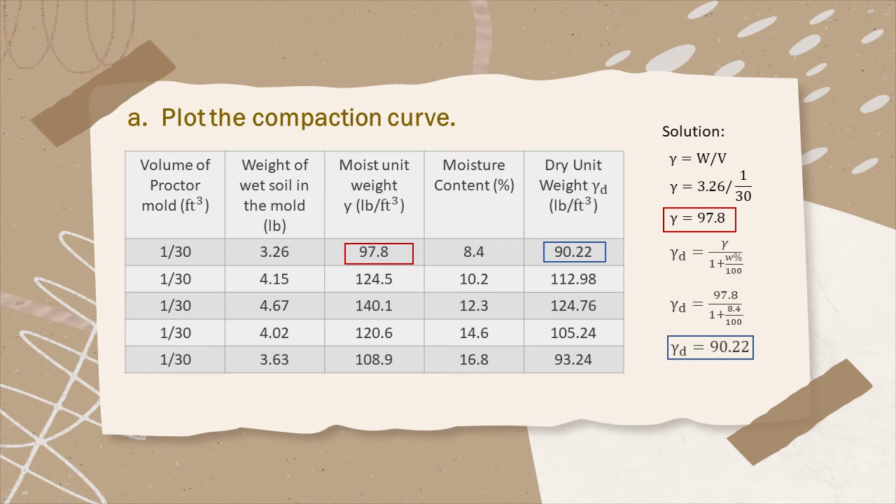The same with 4.15: 124.5 over 1 plus 10.2 over 100, that will be equal to 112.98. For 4.67 pounds, that is 140.1 over 1 plus its equivalent moisture content 12.3 over 100, that is 124.76. The same with the other values, we just plug in the given to solve for the dry unit weight.